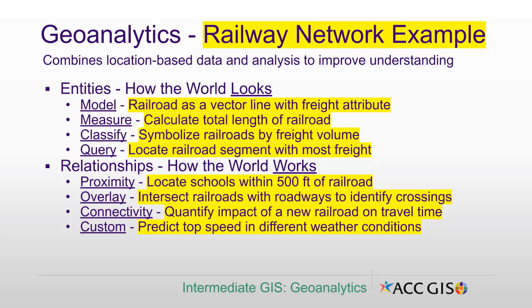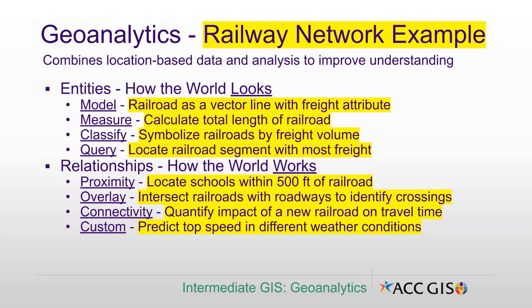But again, we can also use geoanalytics to understand how the railway network works, or the relationship between the railroads in a railway network or the railway network with other geographic entities. For example, performing a proximity analysis to locate schools within 500 feet of a railroad, or performing an overlay analysis to intersect railroads with roadways to identify crossings.